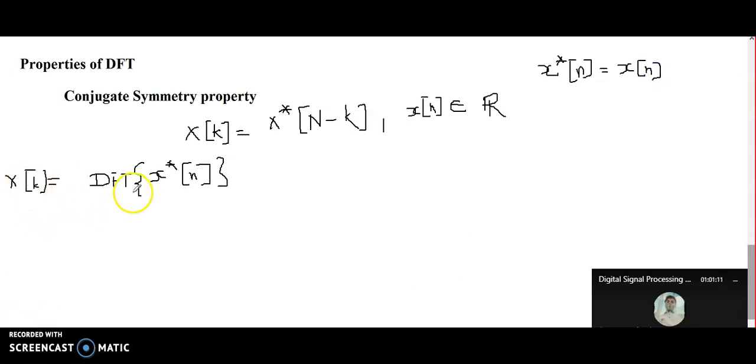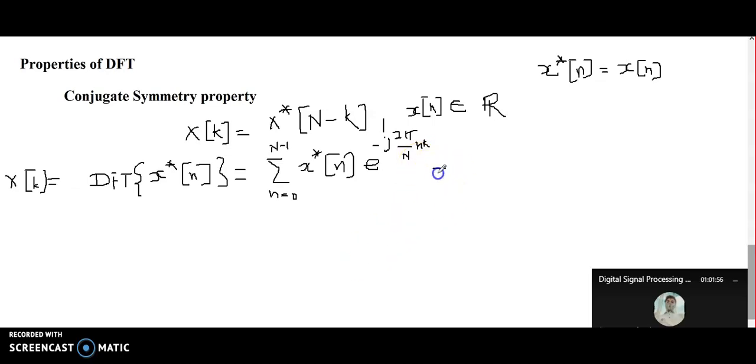So we can write xk as the DFT of the complex conjugate of this. Which can be written as the sum with n changing from 0 to n minus 1, of the complex conjugate of xn, times e raised to the power minus j 2 pi by N, nk. This will be this.